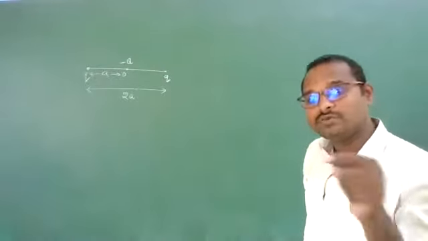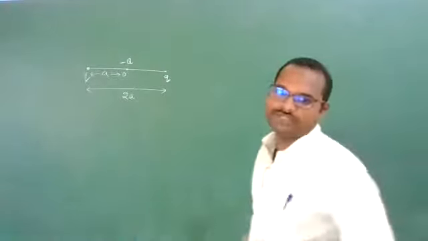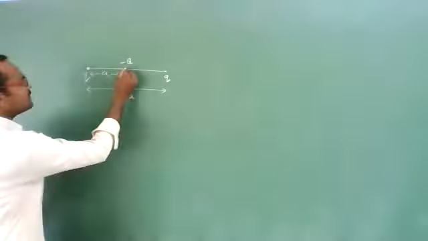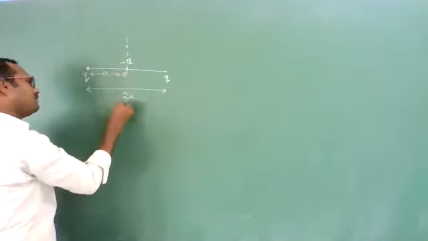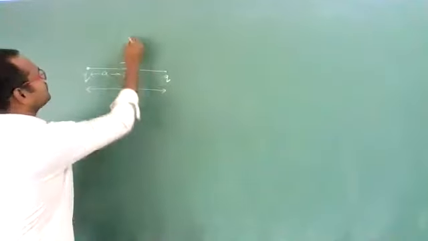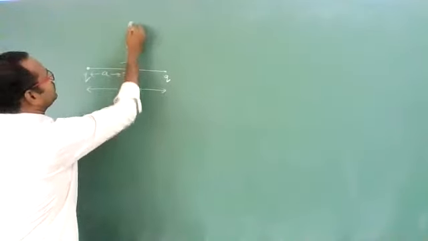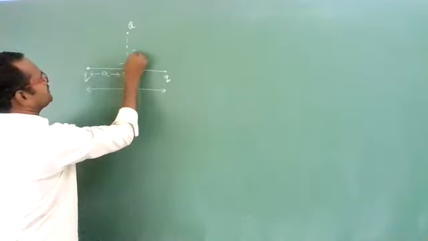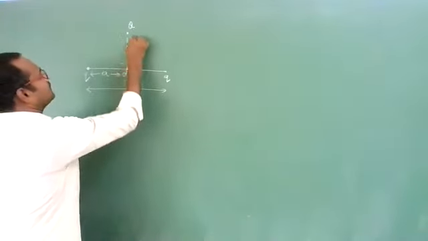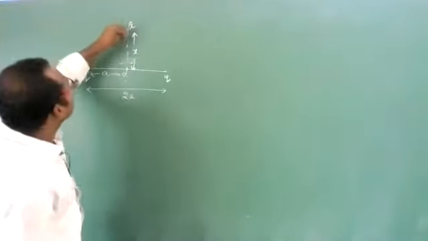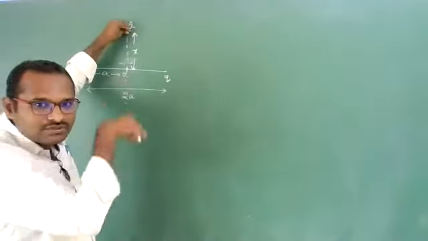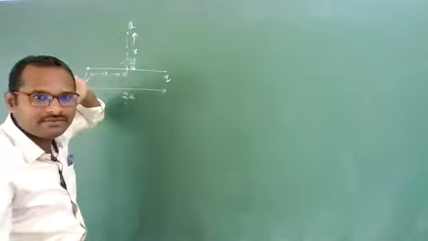Clear? Now let us move it perpendicular to the line joining the charges. Let us suppose this charge particle came to here by a distance of x. If you slightly displace it by a distance x perpendicular to this line and release, what will happen?